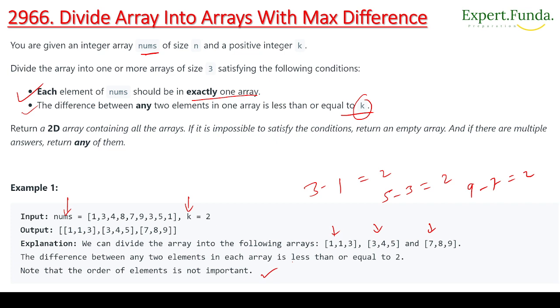Like in this case, the condition is that the difference between any two elements is less than or equal to k. Understanding and solving such problems can be crucial in various domains, including data science, telecommunications, and sensor data processing.